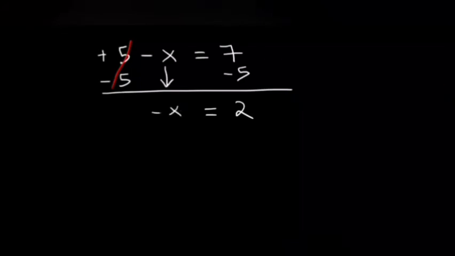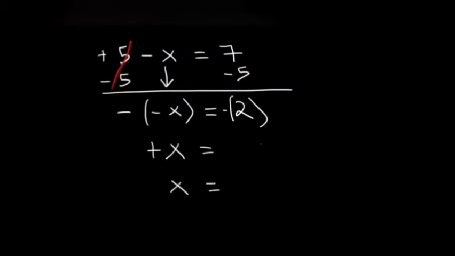Now, to remove the minus, you multiply both sides by a negative. So negative times negative gives you plus x equal to minus 2. So x is equal to minus 2. Simple as that.